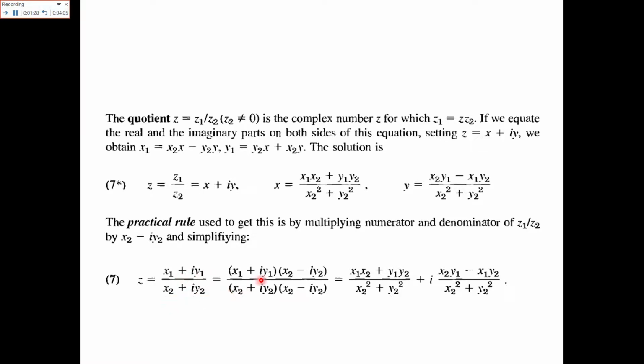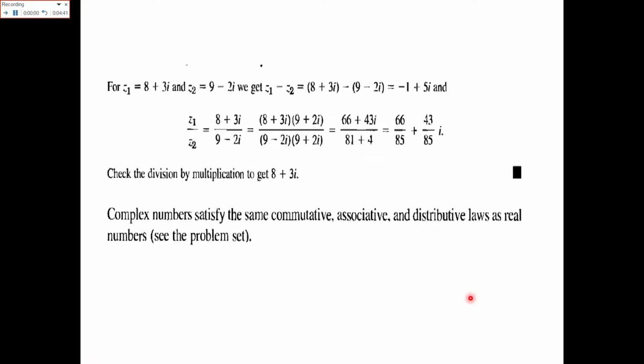So we will multiply and divide it with the conjugate of the denominator, that is x2 minus iota y2. So after the multiplication of the terms in the numerator and denominator, we will get those values which have been discussed earlier. So here the real part is x1 x2 plus y1 y2 over x2 square plus y2 square, and imaginary is x2 y1 minus x1 y2 over x2 square plus y2 square.